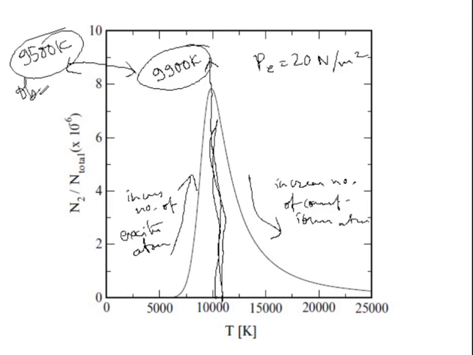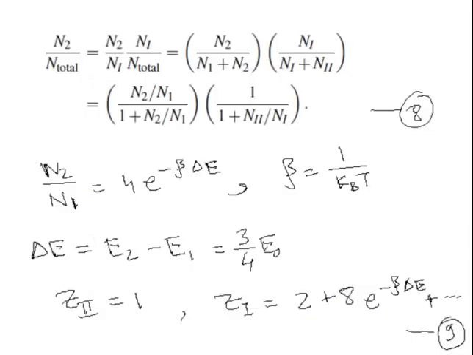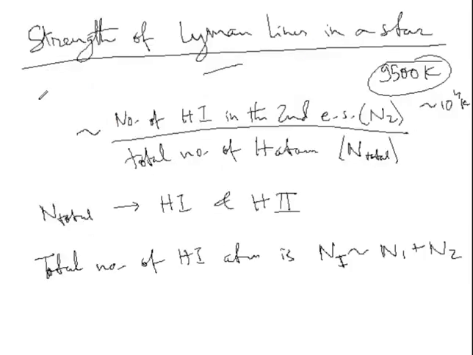So this means that, indeed, using both the Saha and Boltzmann equations, we are able to confirm the strength of the Lyman series in a star and confirm that the peak happens at around 9000 Kelvin. Okay, so this is an important application of the Saha equation for the stellar case.